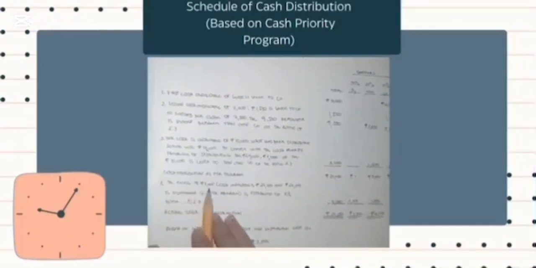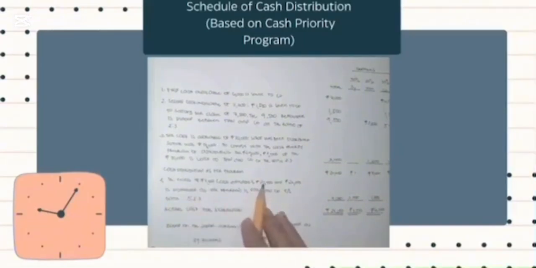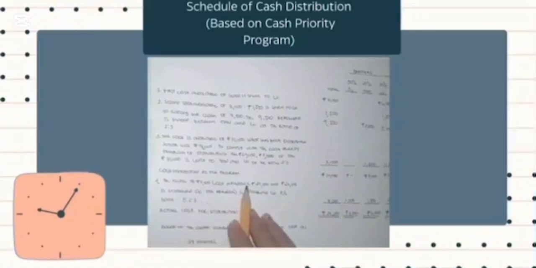So the excess cash: the total cash available at this point is 27,000, but only 20,000 was needed for priority claims. So the extra 7,000 is distributed to the partners based on their profit and loss sharing ratio of 5:2:3.